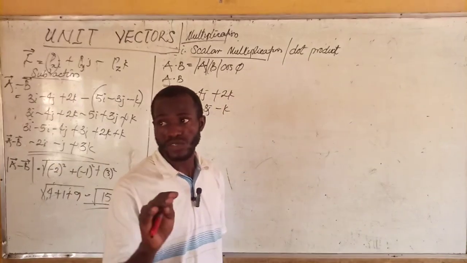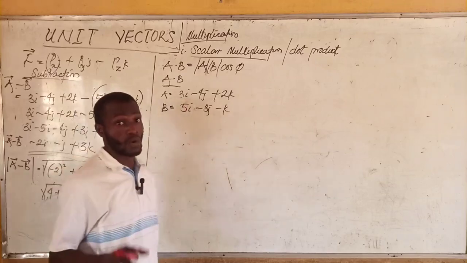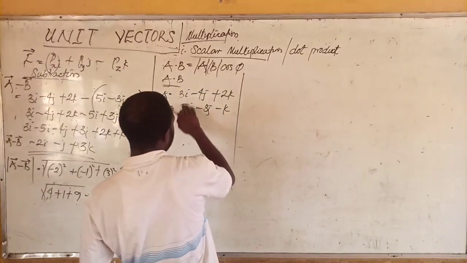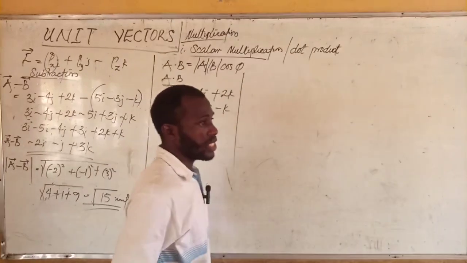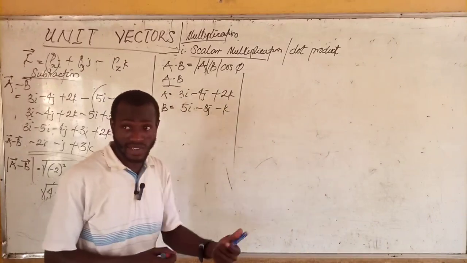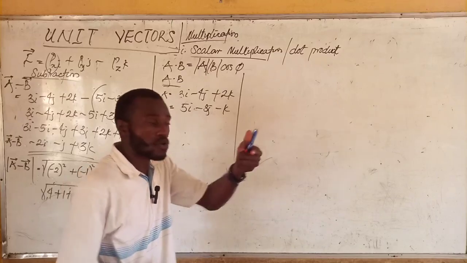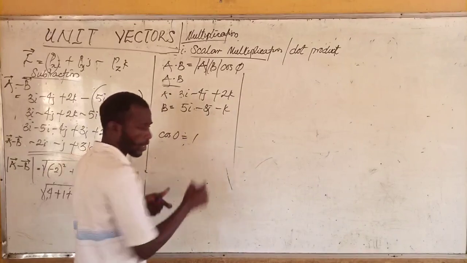But it will be a waste of time because i dot j gives 0, and I'll tell you why. i dot i gives 1 because they are in the same direction. i and i represent the x direction, right? Because they are in the same direction, the angle between them is 0, and cosine of 0 is 1.